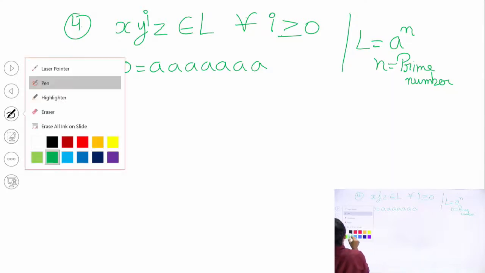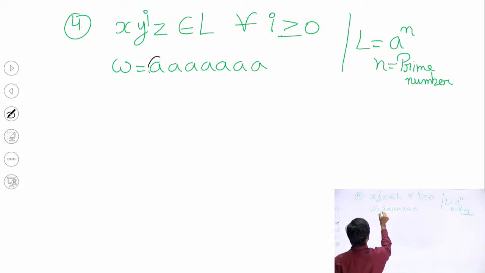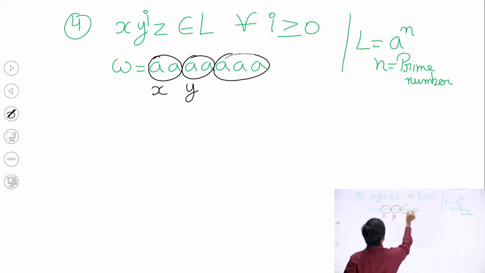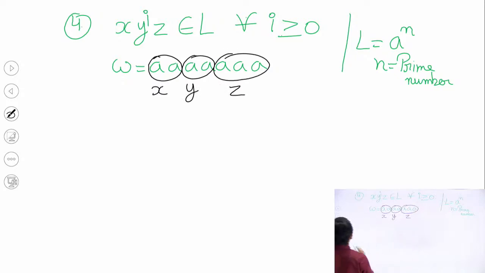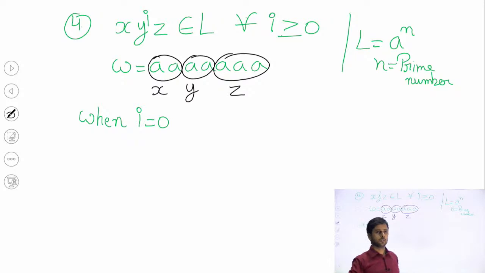We have divided this string, this aa into x, this aa into y, and this 3 times a into z. So let's check one by one. When i equal to 0, then W will be x.